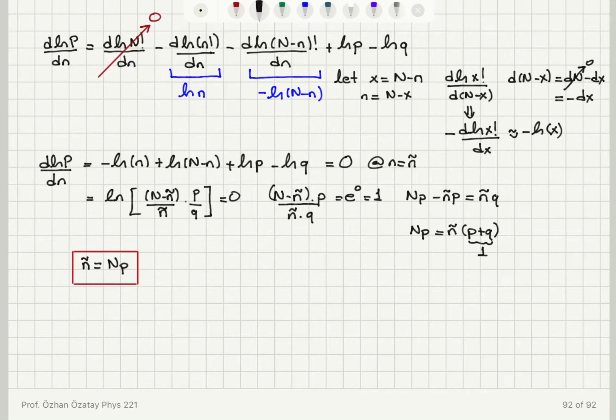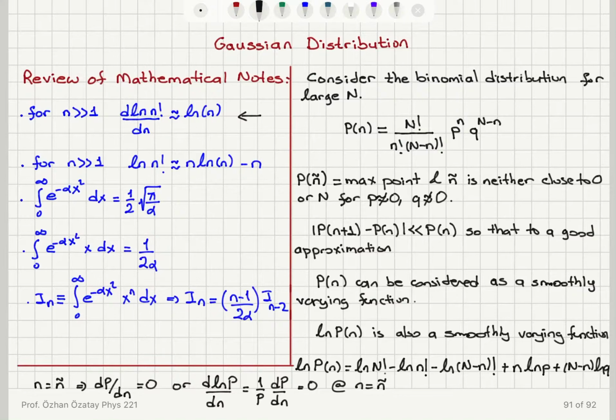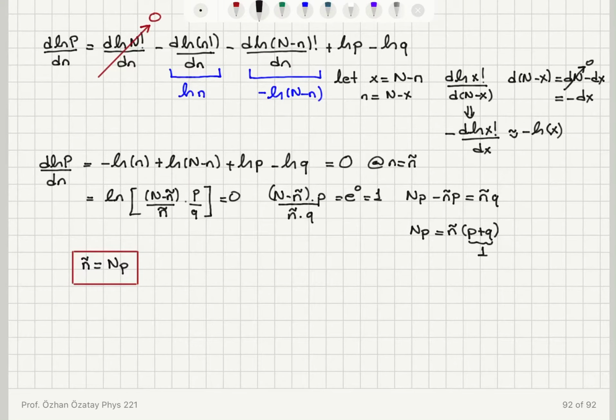Okay, now I want to continue trying to find a probability distribution function that represents binomial distribution close to the maximum point. And in order to do that, I'm going to use a Taylor series expansion of the natural logarithm of the binomial distribution at the maximum point.